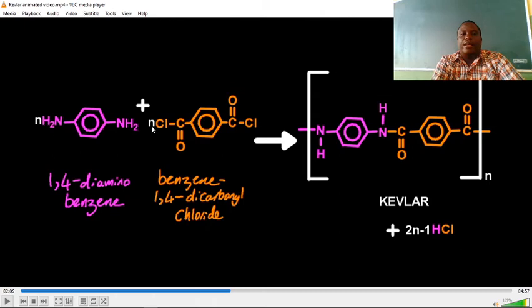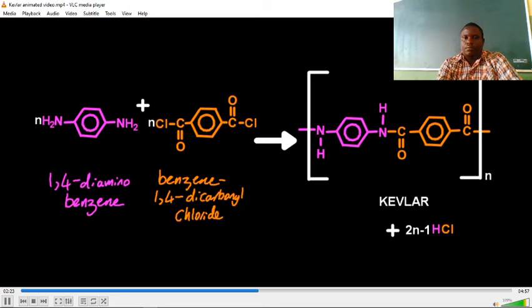That n we use here is n for the degree of polymerization. So 2n minus 1 will balance this equation about the acid that will be released. Those tiny little molecules of HCl that are produced from n on each reactant. Again, there's the chlorine and one of those hydrogens that come off.